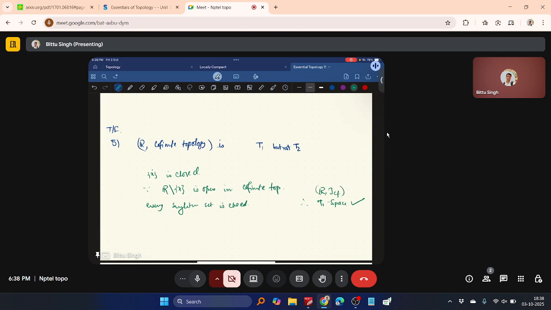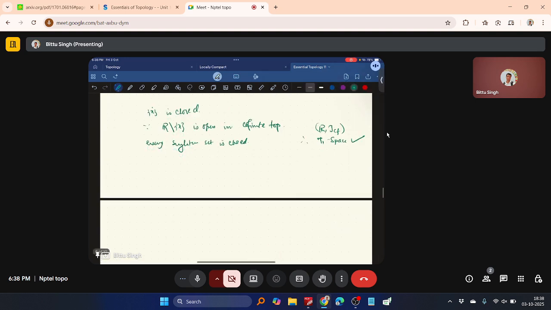Now what about T2ness? Will it be T2 space or not? So T2 space demands for any two distinct x and y, for all x not equal to y, from the topological space X, there should exist open set Ux containing the point x and Uy containing the point y.